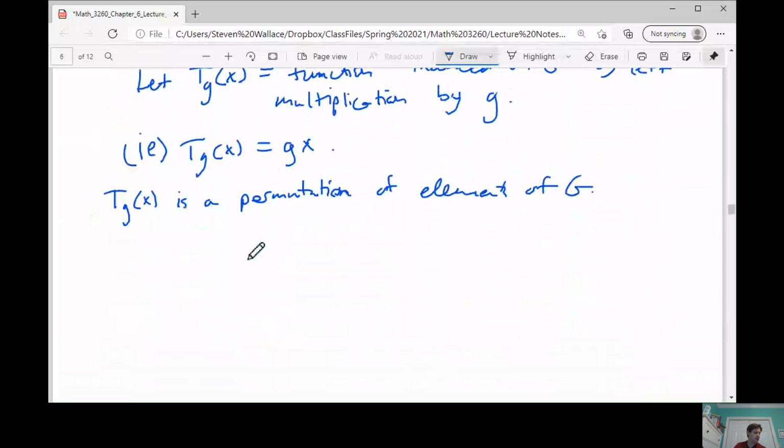So to show Tg of x is a permutation of the set G, we just need to show it's one-to-one and onto.